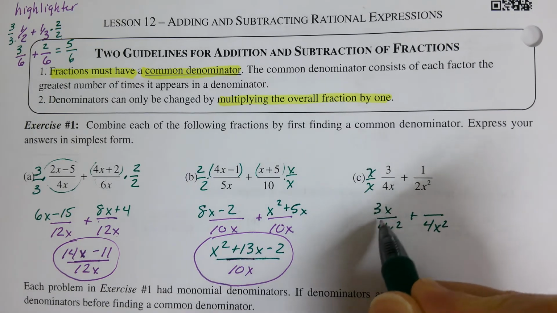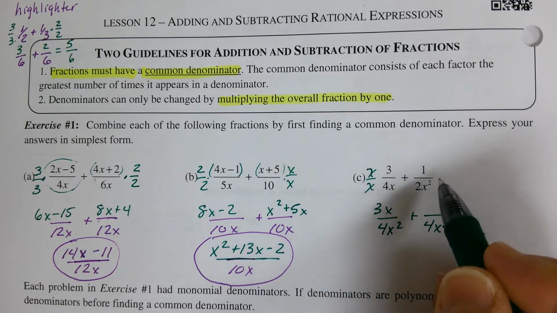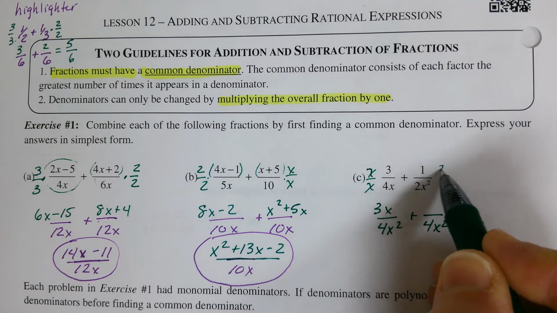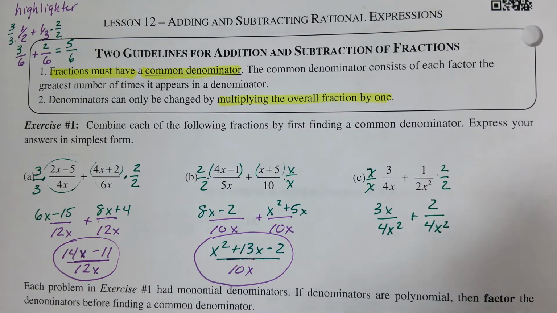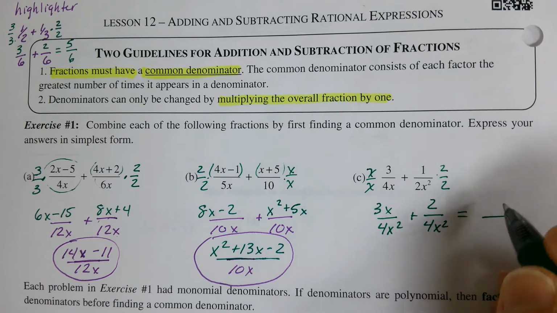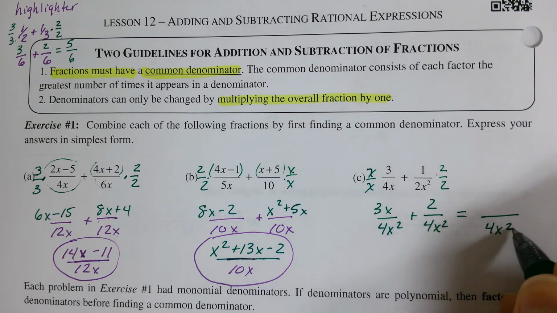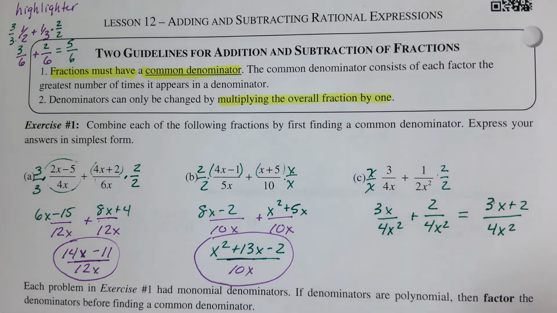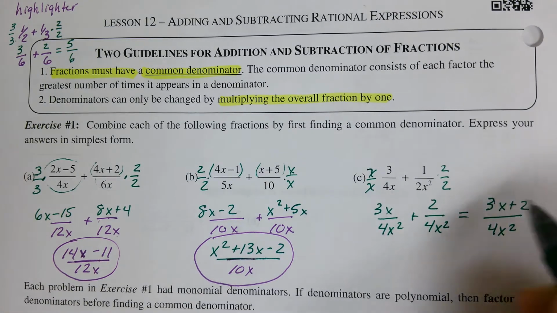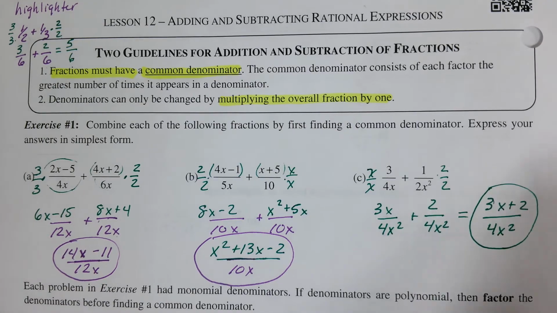We get 3x over 4x squared plus, and here multiplying by 2 over 2, 2 over 4x squared. Let's copy the denominator, 4x squared, and 3x plus 2 is our numerator. And this cannot be simplified.